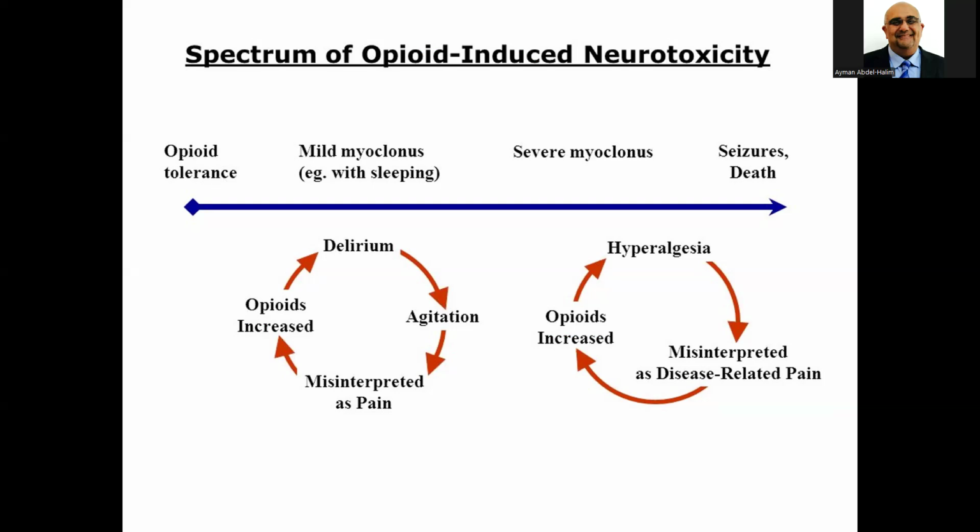You can develop opioid-induced hyperalgesia. I think this picture is so beautiful and representative of opioid-induced neurotoxicity. And as you can see, in the middle the myoclonus, mild and severe, and so forth.